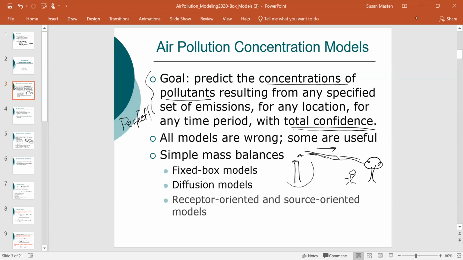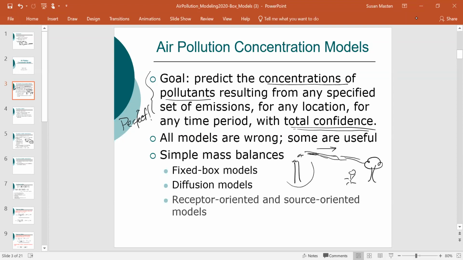Unfortunately, there are no perfect models. There's a saying that all models are wrong, some are useful. None of them are perfect, and none of them predict exactly where these pollutants will be and exactly what their concentrations are.